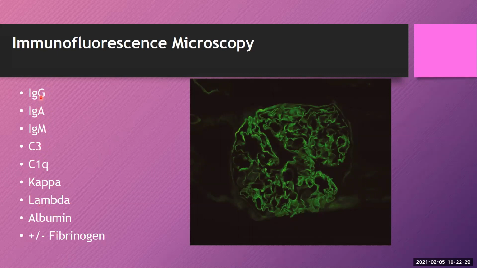Remember GAM, we don't routinely look for IgE and IgD because there's less than 1% of that in the serum. So we're looking at the common antibodies and then a few other complement mediators. We get antibodies and proteins previously manufactured from drug companies.